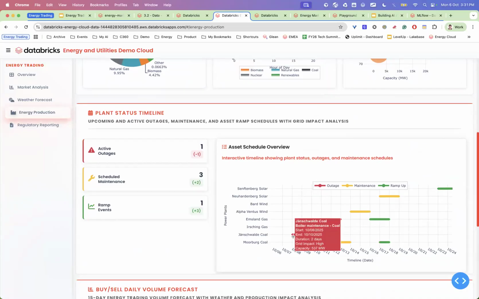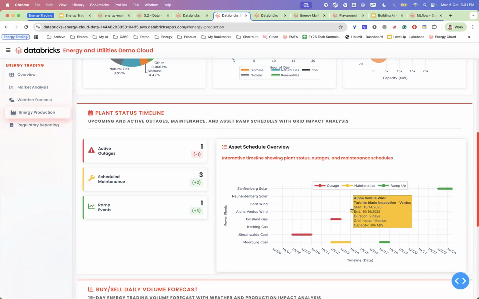So for example, if you want to make a day ahead trade, you would also need insights into maintenance activities for the current day or the next few days, and you need to factor in these activities to come up with the right calculation of the volume of energy you want to buy and sell.